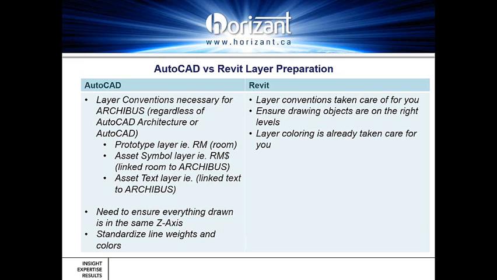The next thing within AutoCAD is you'll have to standardize line weights and colors. If you've gotten a large inventory of previous AutoCAD drawings from a series of different architectural consultants in the past, then they might have used different line weights, different colors, different naming conventions for the layers, so you'd actually have to standardize them all.